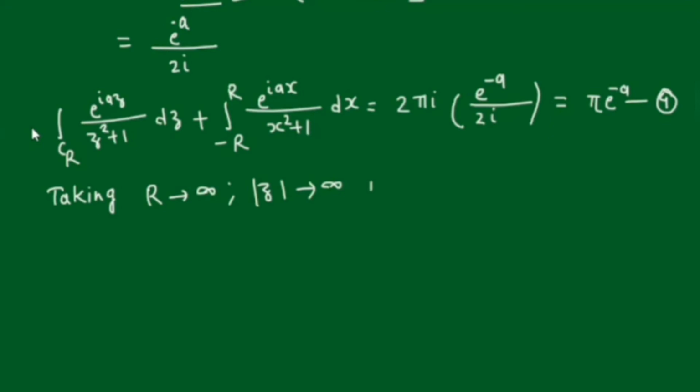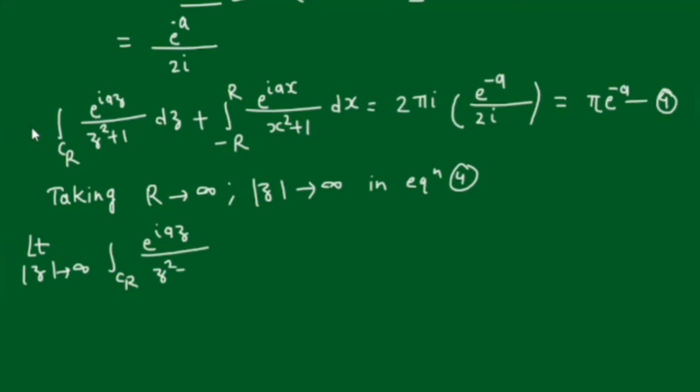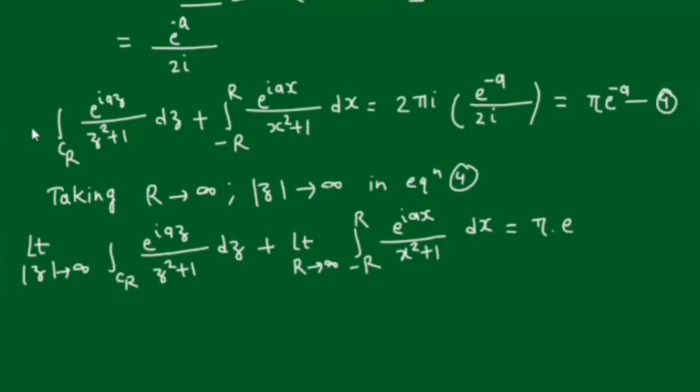So in equation 4 we apply this limit here, then we'll get limit mod of z tends to infinite integral along CR e to the power iota az divided by z square plus 1 dz plus limit r tends to infinite integral from minus r to plus r e to the power iota ax divided by x square plus 1 dx is equal to pi into e to the power minus a.